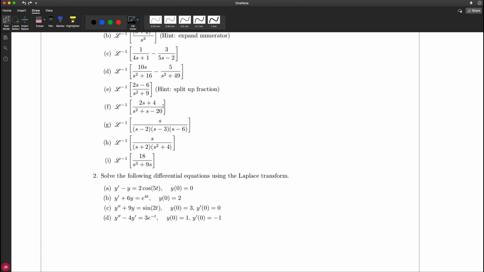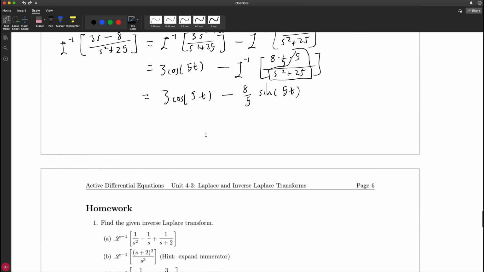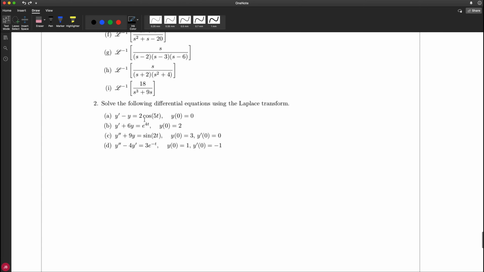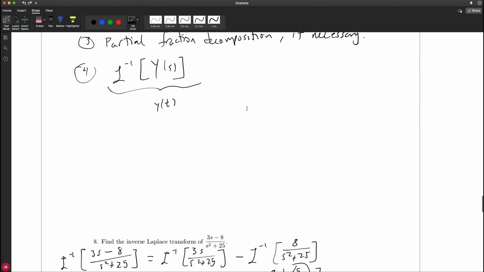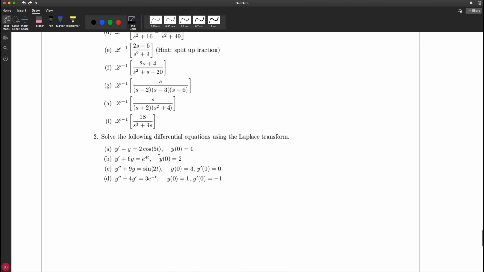And notice these last 2, number 1 parts h and i, have irreducible quadratics. So when it comes time to find the inverse Laplace of the irreducible quadratic part, see number 8 above. And then here we actually put it all together into the strategy, which is number 7 here. So these are the steps you're going to follow, but you'll need to do some work.